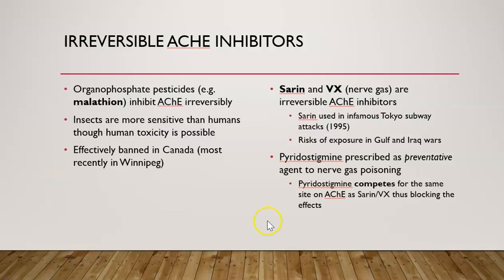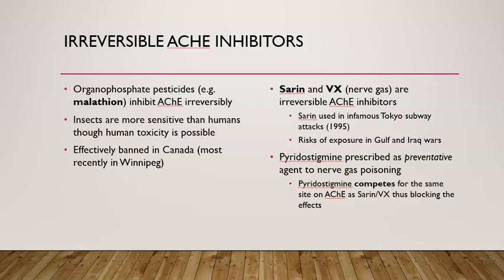So not just pesticides act as irreversible acetylcholine esterase inhibitors. There's also nerve gases, so sarin and VX are also irreversible inhibitors. These are two nerve gases that have been used in some wars or in some attacks, terrorist attacks, domestic attacks, and have some very serious effects.